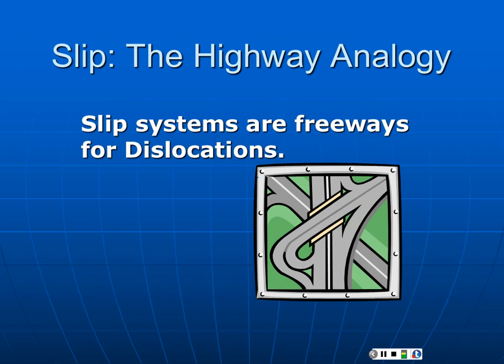Now, when we think about how we prevent the formation and the movement of dislocations, it's really helpful, I think, to think by analogy and recognize that dislocation movement occurs on these slip systems, and let's think of those slip systems as freeways on which dislocations move.